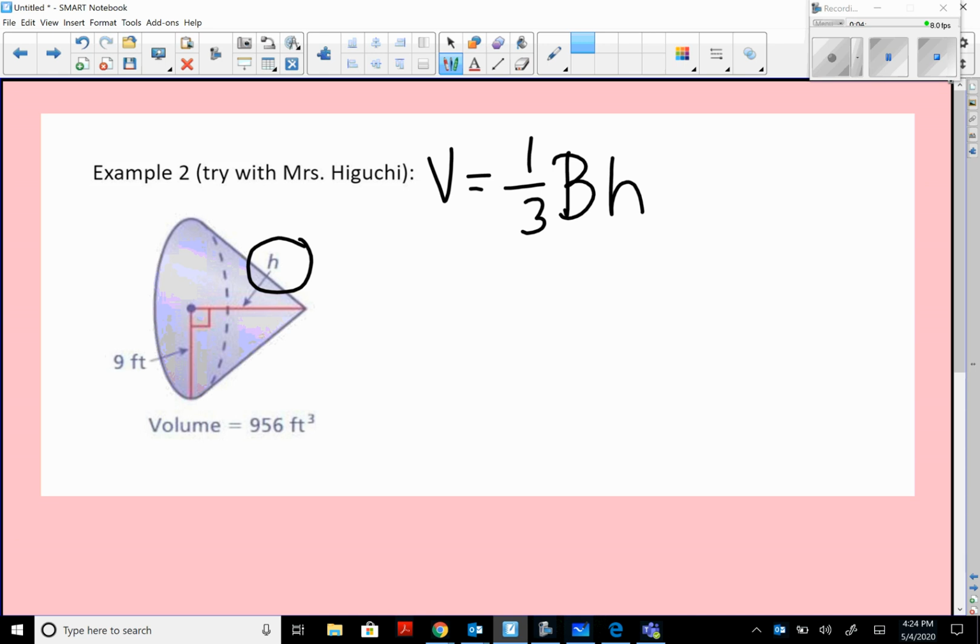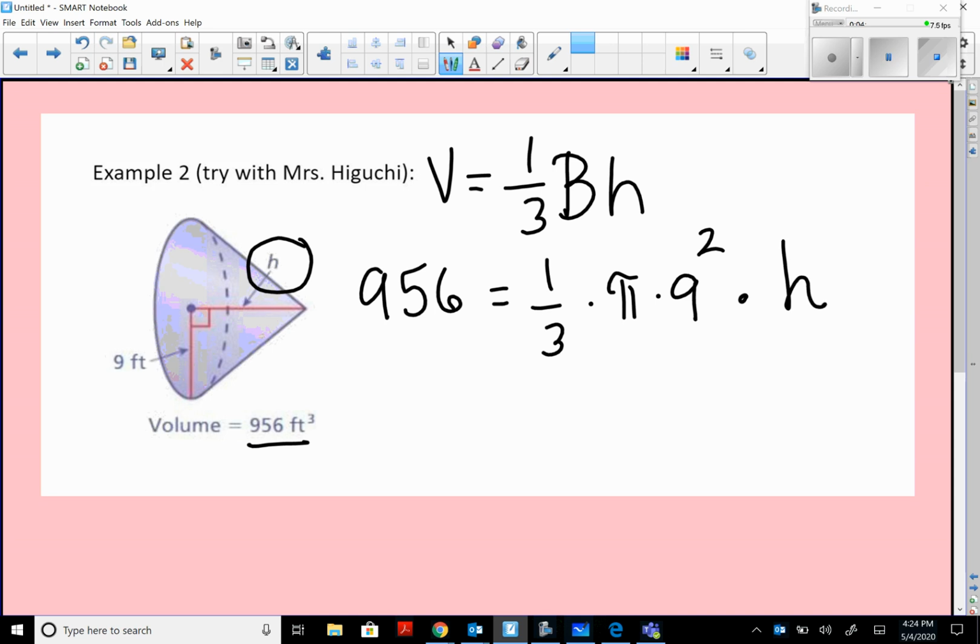And notice this cone is on its side. So I'm going to plug in this number for volume, 956, is equal to 1/3 times the area of the base is pi r squared. Our radius is 9, so pi times 9 squared times the height, and we don't know height.